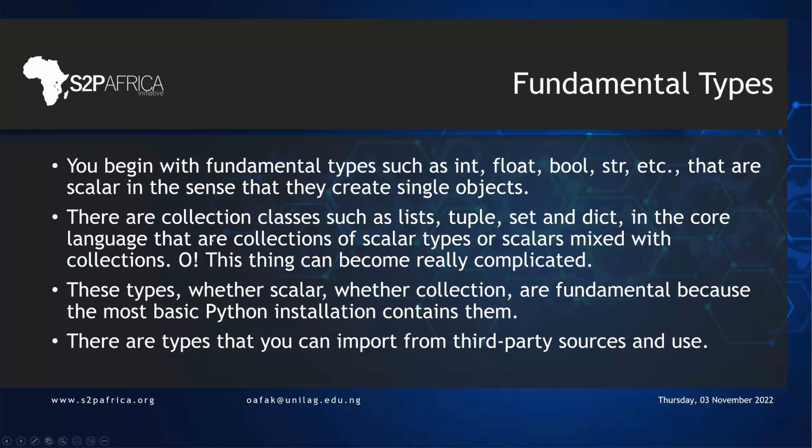In the core language, these are collections of scalar types or scalar mixed with collections. And this thing can become really complicated. When you say list, a list can contain integers. A tuple can contain floats. You can have a set of bools, and you can have a dictionary that contains strings both in the key and in the data storage.